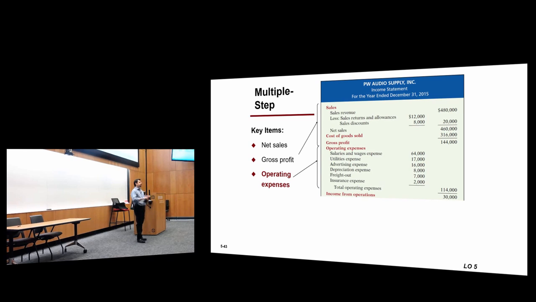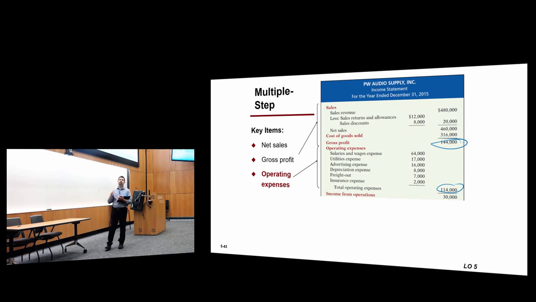Those include salaries and wages expense, rent expense, advertising expense, supplies expense, depreciation expense. All these expenses will be listed under operating activities. Okay, so you have operating expenses. It will give you the total operating expenses. Subtract that amount from gross profit.